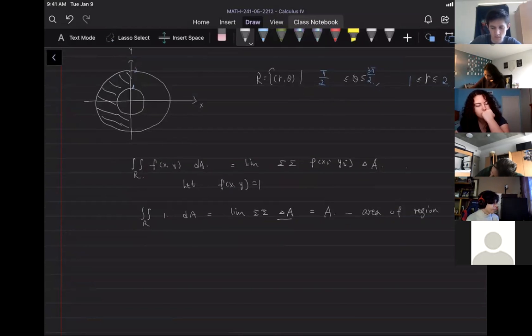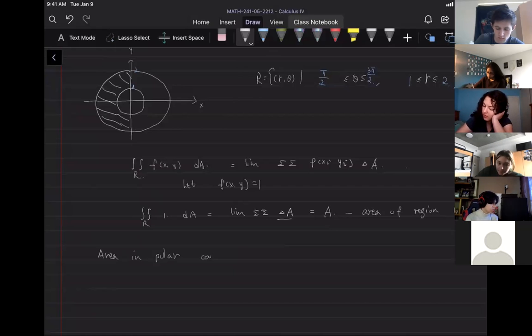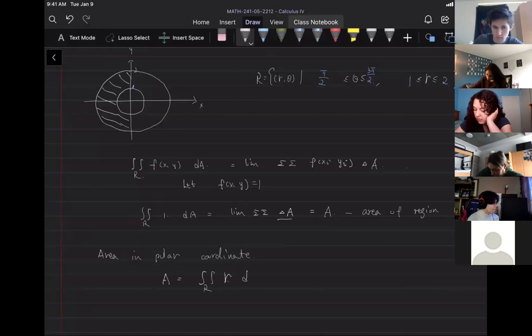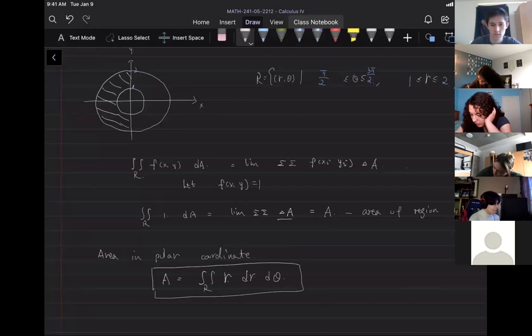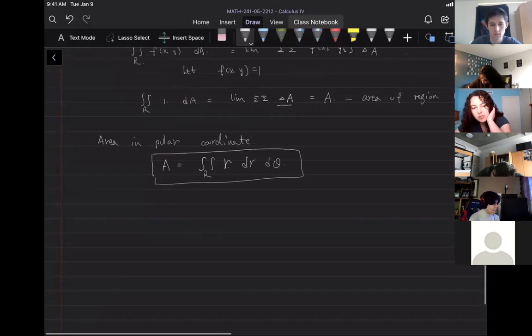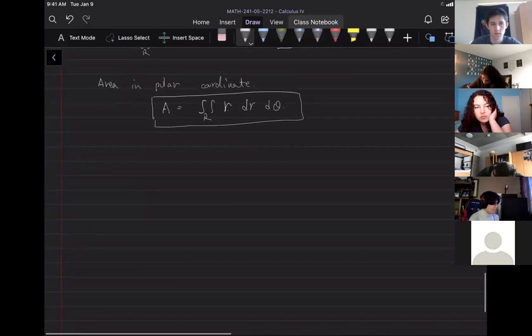So area in polar coordinates is A equals the double integral, the function equals 1 here, so we don't have to write it down, and then dA is r dr d theta. In Cartesian, it's just dA, or dx dy, but just with the function equal to 1. So the area in polar coordinates is this one.